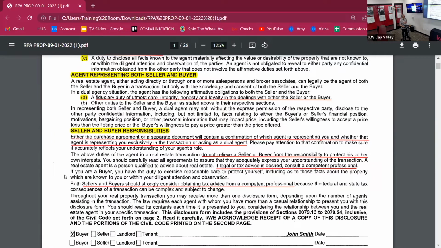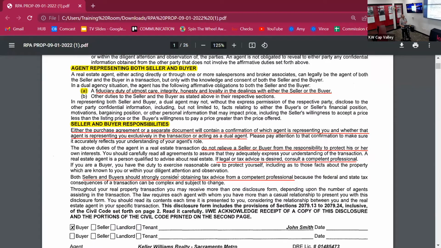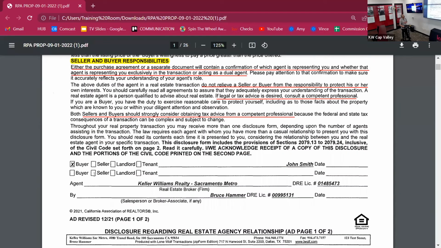Coming down a little bit farther. Let's see. So here, you're going to have the buyer sign before you get to the rest of the documents in this package. The agent, now they have clarified on the actual form. It used to not have this right here.